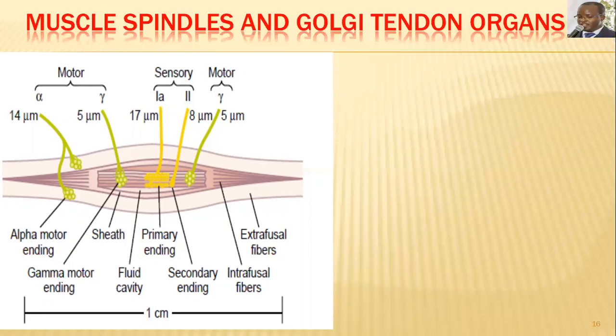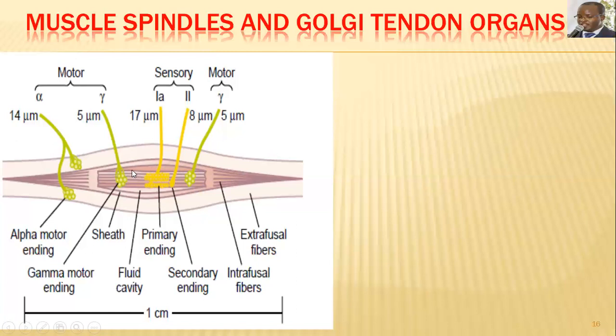The intrafusal fibers are called intrafusal fibers because they are covered by a sheath. You can see a sheath of connective tissue covering the intrafusal fibers, separating them from the extrafusal fibers. The intrafusal fibers are not mainly involved in contraction.